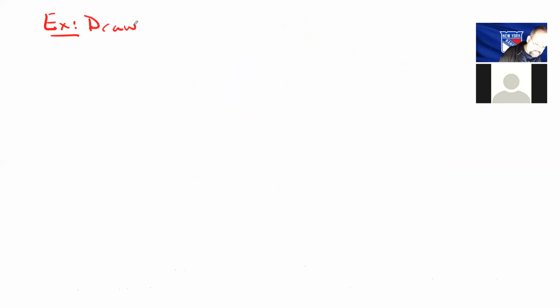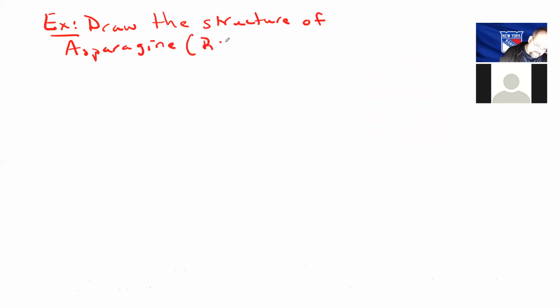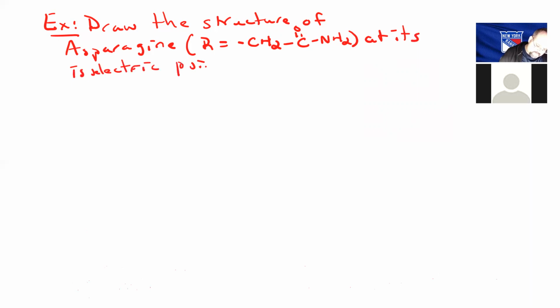So, in this example, draw the structure of asparagine, where the side chain is the following, and I'll talk a little bit more about this in a moment. At its isoelectric point.